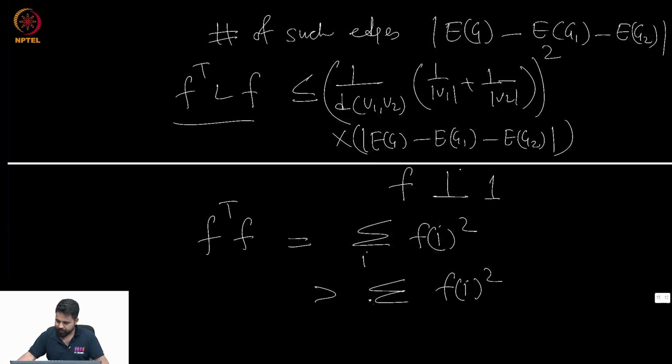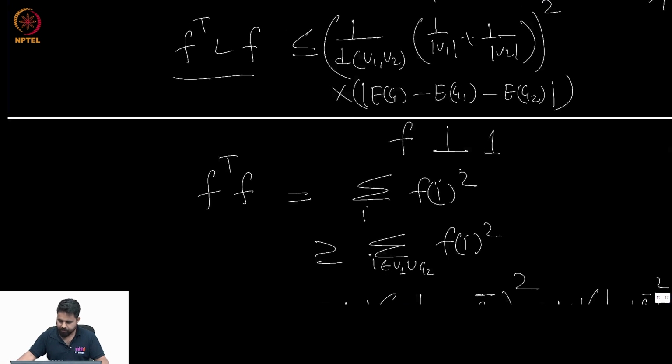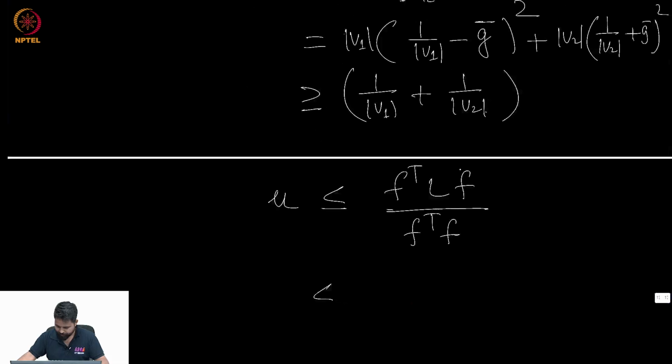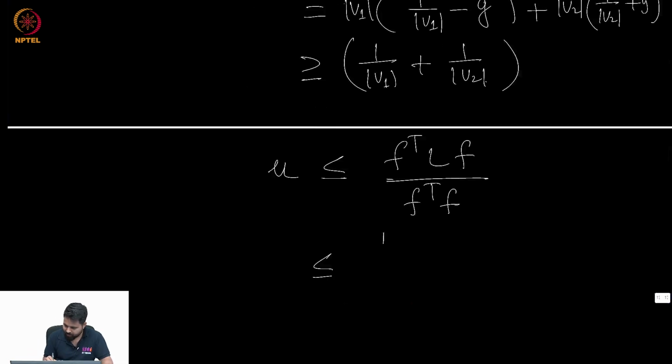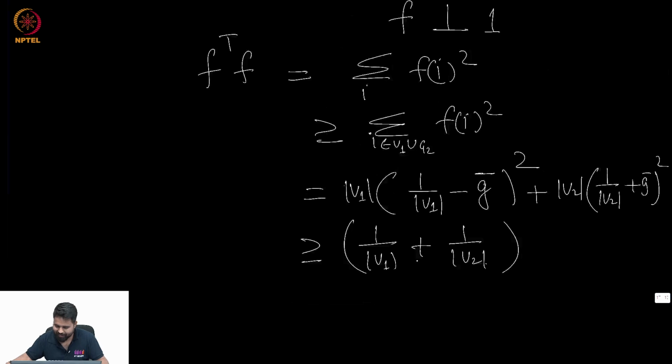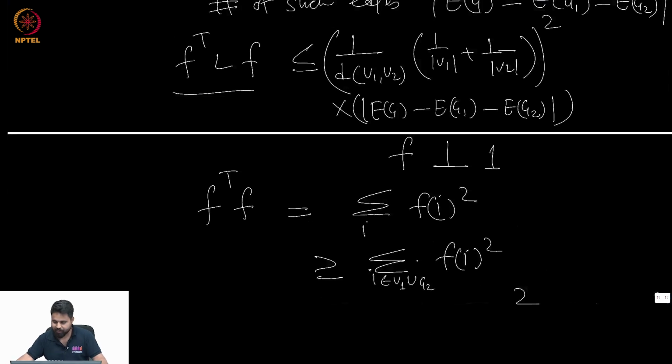So let me actually write this down. So 1 divided by mod V1 plus, I'm forgetting again, so let me check, it was distance square.